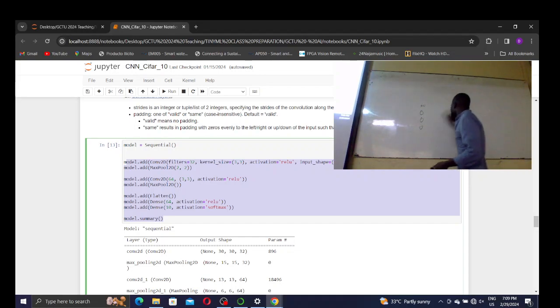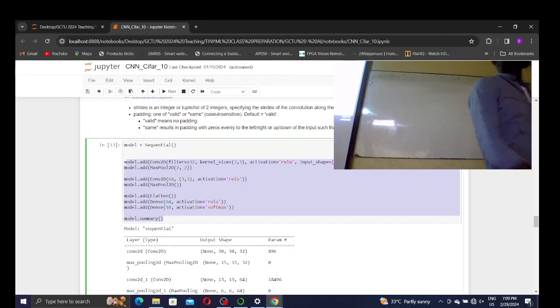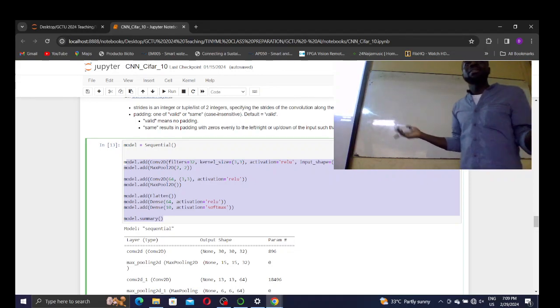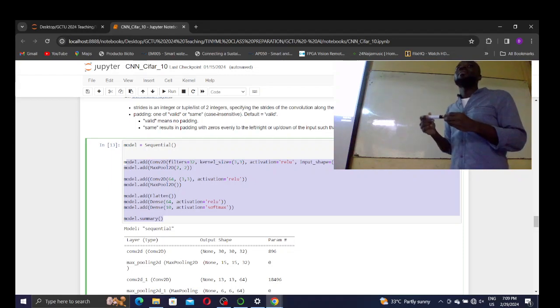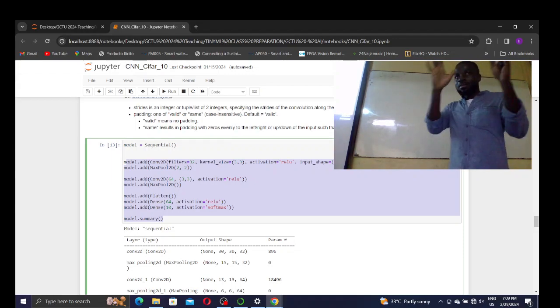Just like what I taught you with the 3 by 3 matrix and the 2 by 2 filter, what did I say about how to get the dimension? 3 minus 2 plus 1. Now take that same idea here.